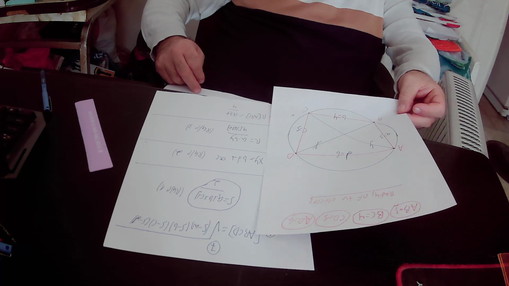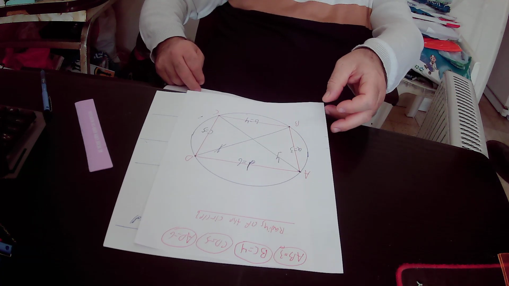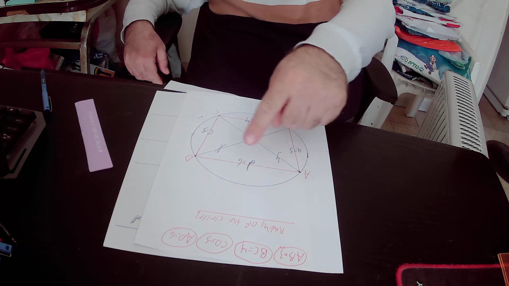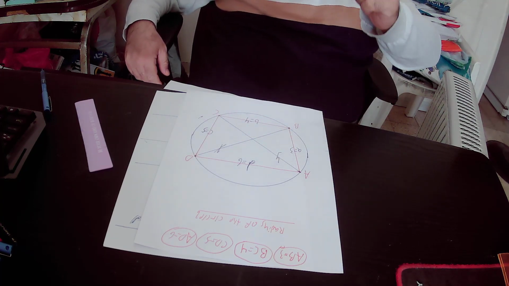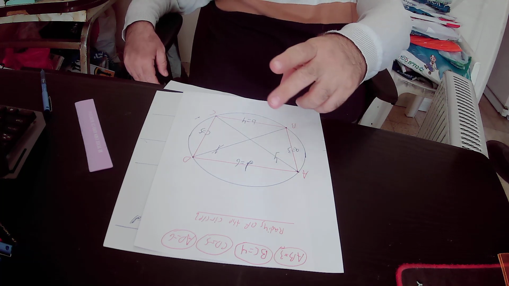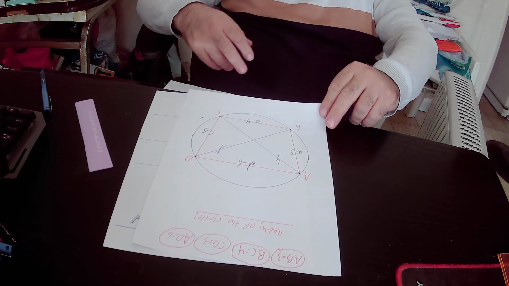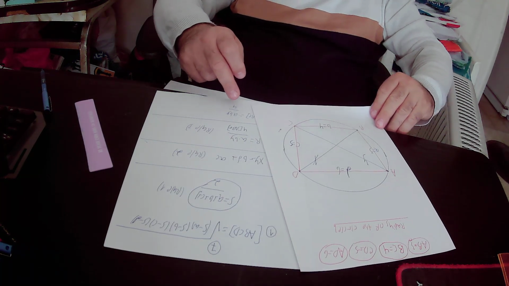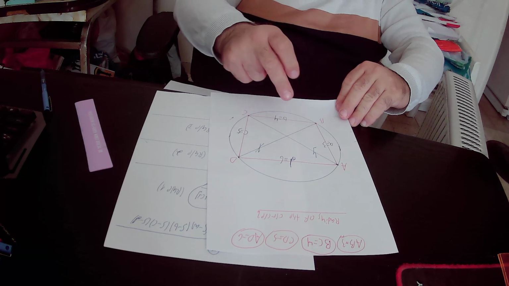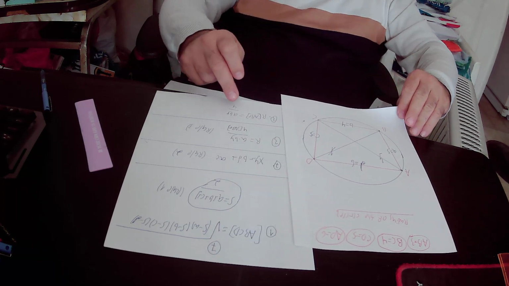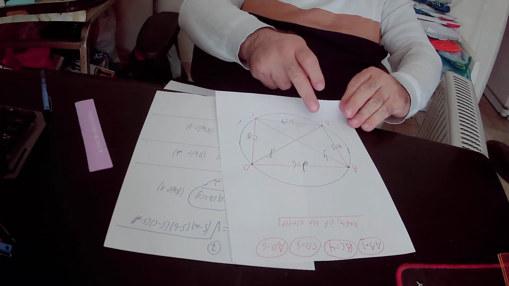Okay, and then we implemented also rule number 3. According to rule number 3, this triangle ABC is inscribed by this blue circle, therefore the radius of this blue circle that circumscribes triangle ABC will be equal to the product of triangle ABC sides, that is to say A times B times Y over 4 times the area of triangle ABC.